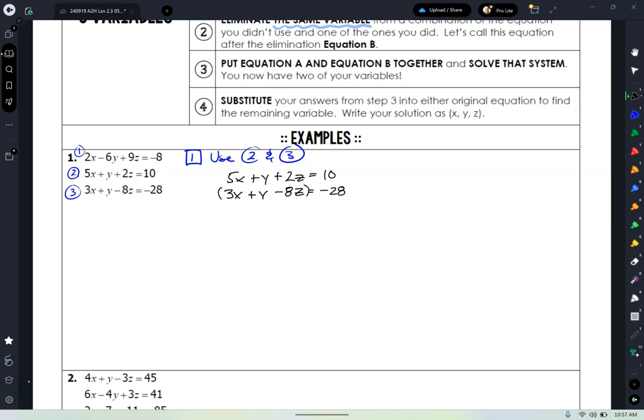Then we're going to multiply both sides, we'll use the bottom one, through by -1. And then we'll rewrite our problem, like that. Everybody good with what I did?